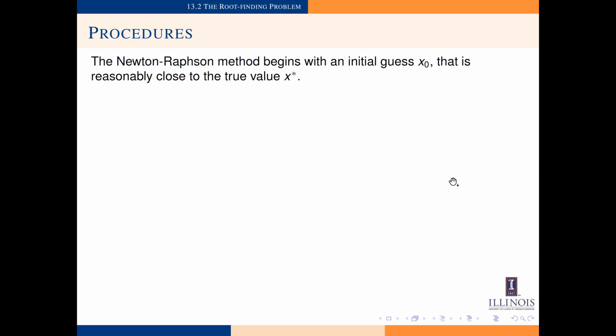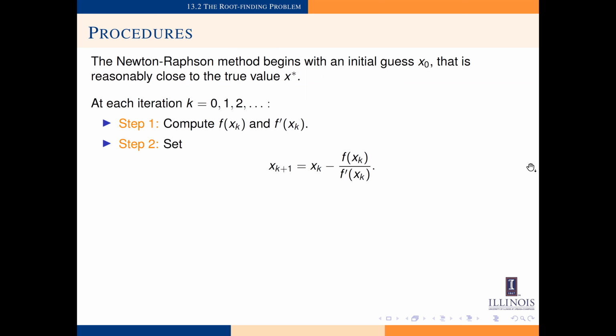So here are the specific procedures. The Newton-Raphson method begins with an initial guess x0 that is reasonably close to the true value x star. At each subsequent iteration, k equals 0, 1, 2, etc., in step 1, we evaluate f and f prime at the current xk.